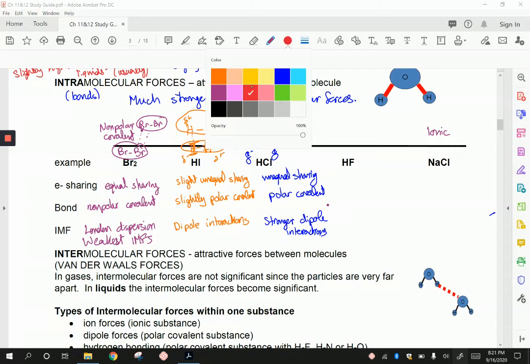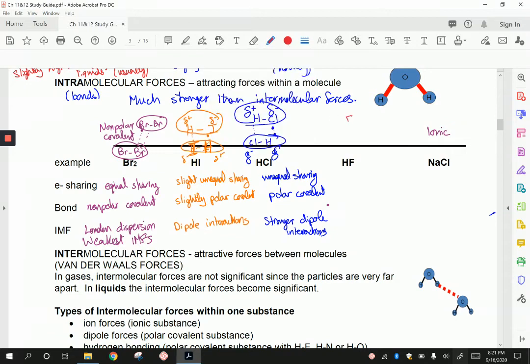So HF, I have hydrogen bonded to fluorine, and there's a huge electronegativity difference here. So this is a really big partial negative. This is a really big partial positive. So definitely very unequal sharing of electrons here. We say that this is a very polar covalent bond.